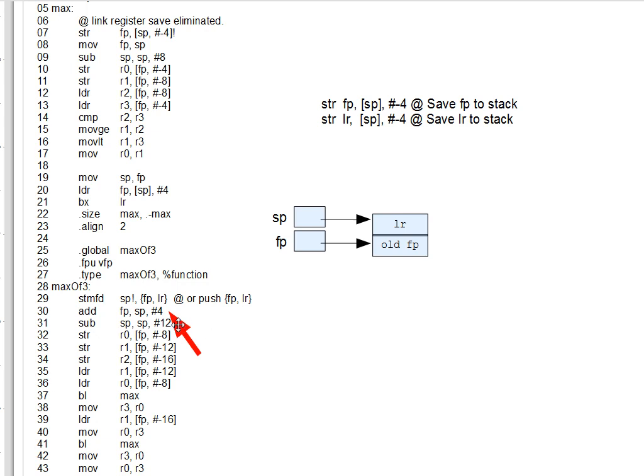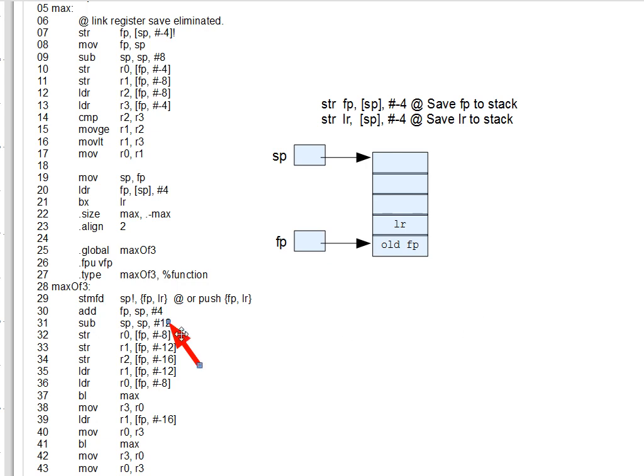Line 31 subtracts 12 bytes, 3 words, 12 bytes from SP, as the diagram shows now, creating 3 additional words of space in the stack frame.